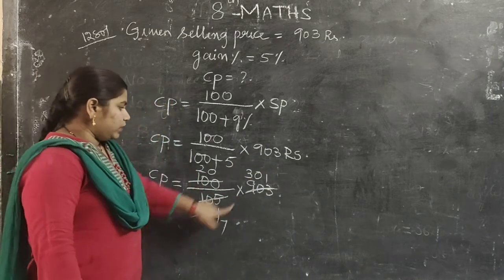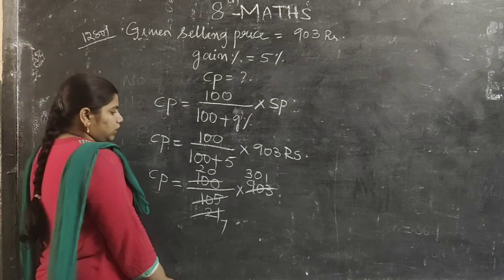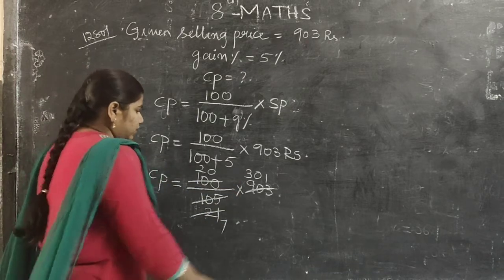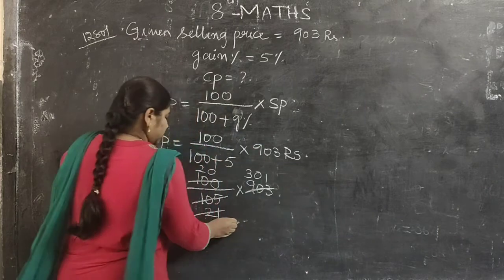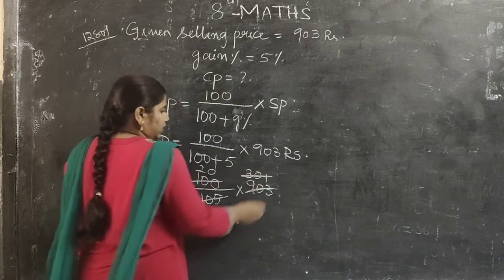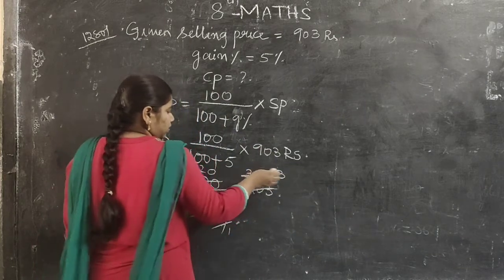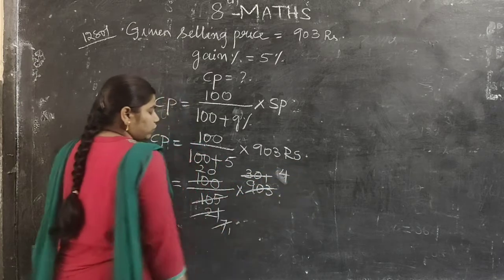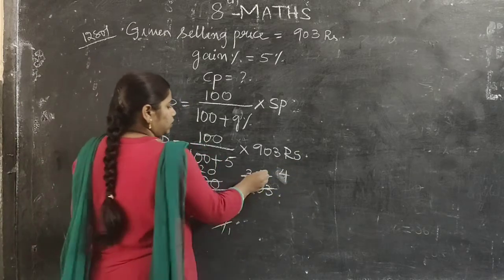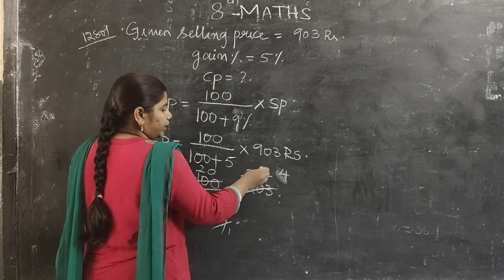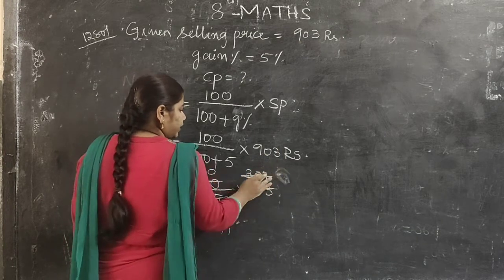So in the 7 table, can we cancel this? 301 divided by 7. 7 fours are 28, 2 will be remaining.